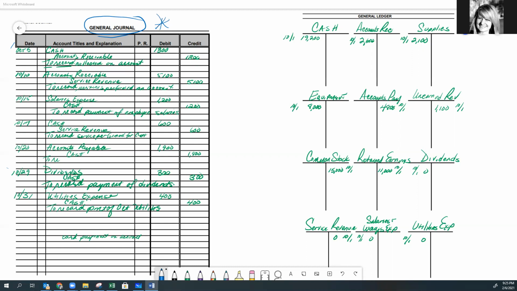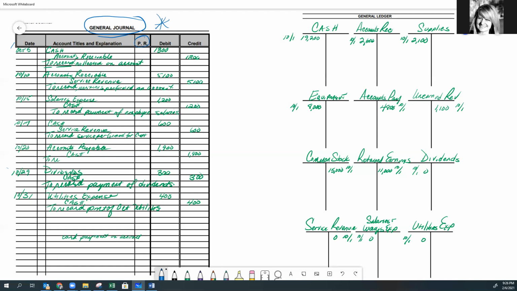Okay, so we're just going to go account by account here in our general ledger. This column right here, posting reference, I'm just going to put a check mark in that so I know that I've posted that into my general ledger. But usually we would put an account number in there.